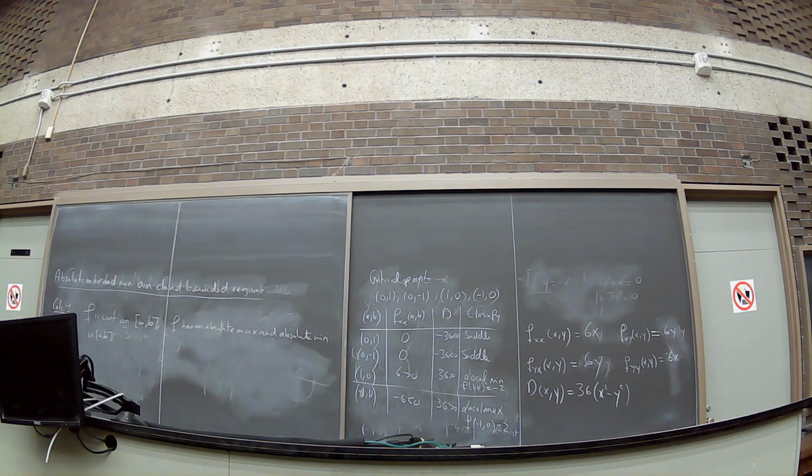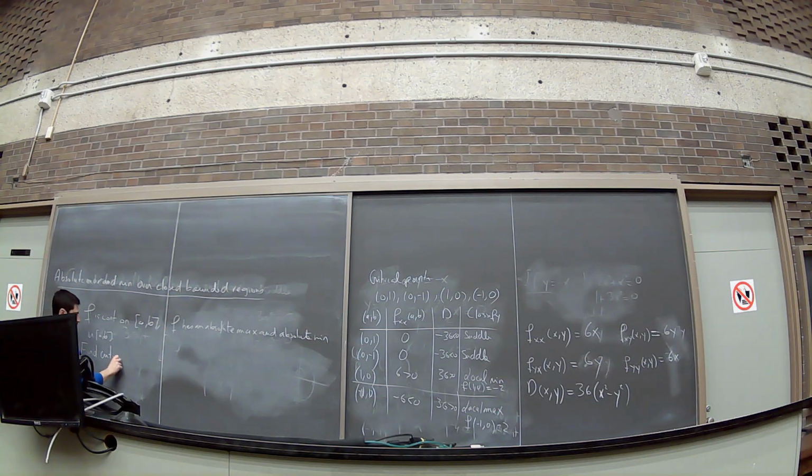What were the steps that we took to find this absolute max and absolute min? First, we found the critical points, right?